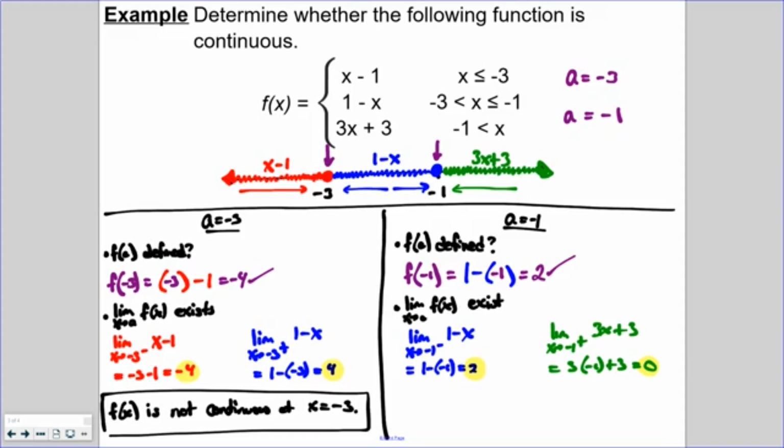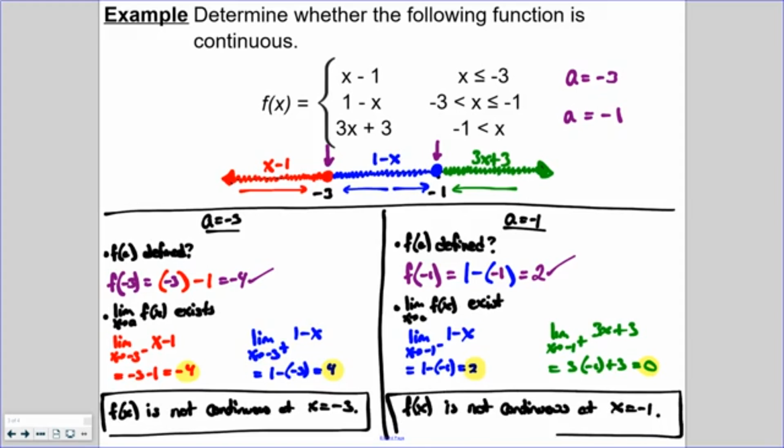So just like with a equals -3, f of x is not continuous at x equals -1. So there you go. For this particular function, we have two discontinuities, one at x equals -3 and one at x equals -1.